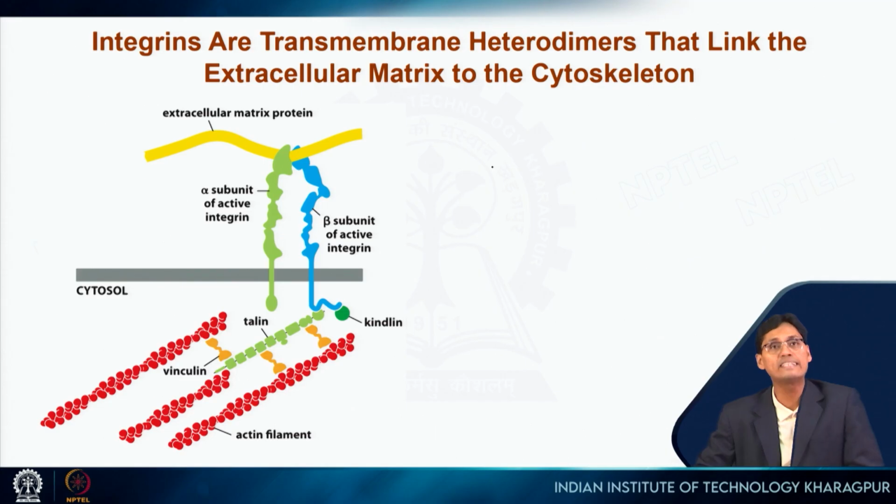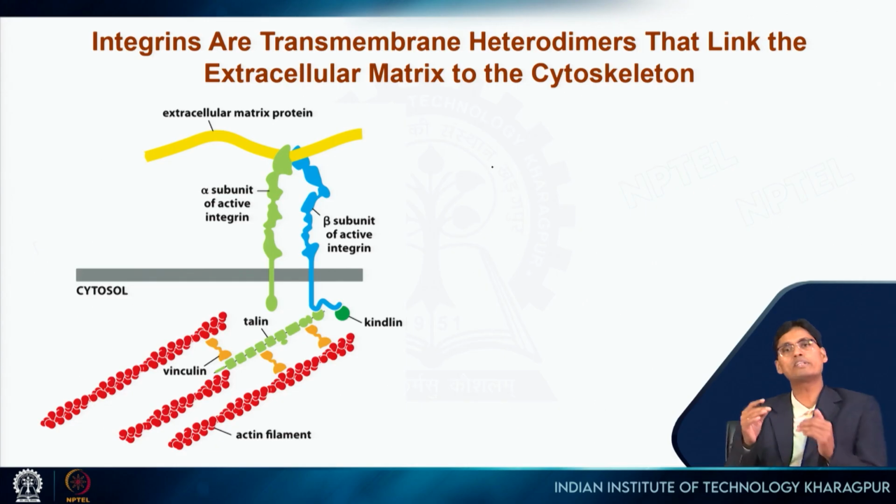The last thing is that integrins are transmembrane proteins that link the extracellular matrix to the cytoskeleton. At the very beginning I mentioned that epithelial cells are attached together by different types of anchoring junctions, but those cells should also be attached to the basal lamina, otherwise that layer will peel off from the surface, from the connective tissue.